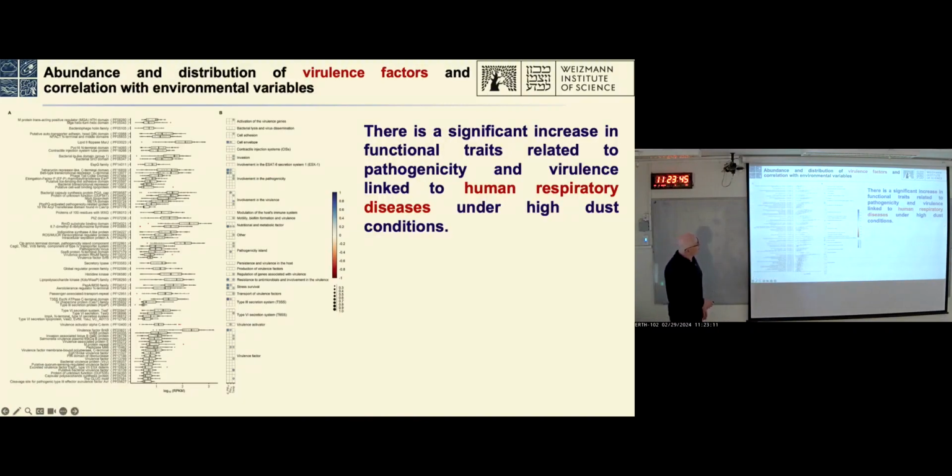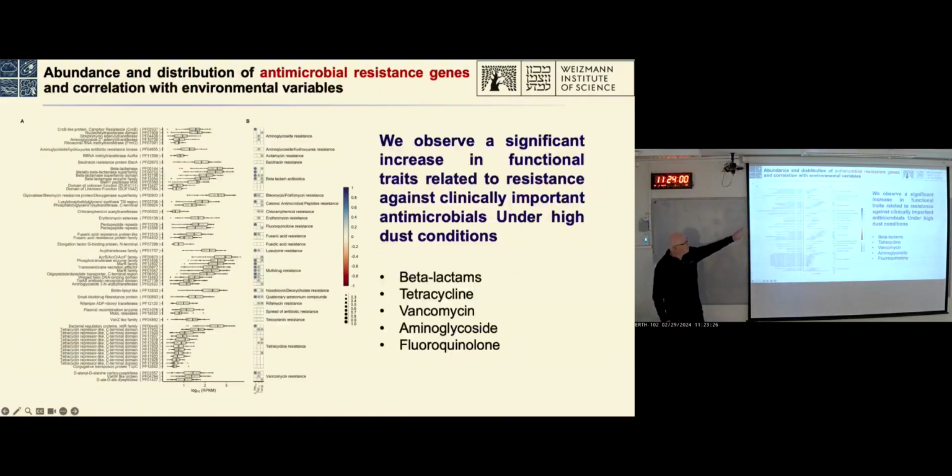We also find a significant increase in what we call functional traits: what type of pathogenicity, what kind of diseases, and we can get this kind of information. And we also find a significant increase in species that have resistance against clinically important antimicrobial medications, like beta-lactams, tetracycline, and all of these antibiotics that are being used to heal all kinds of diseases.